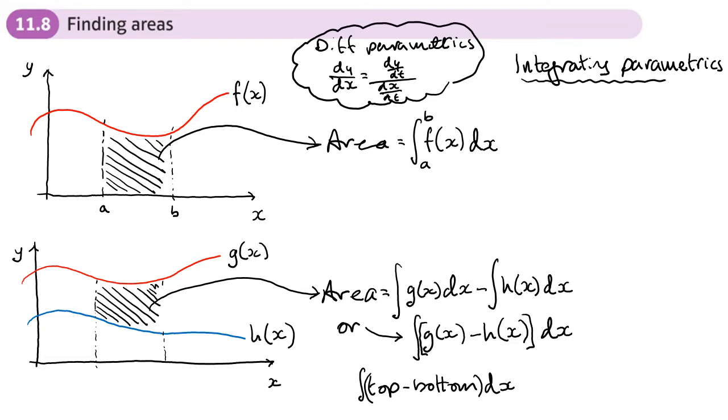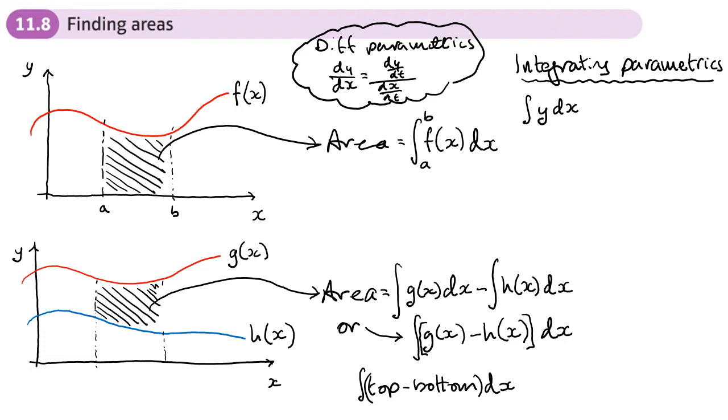Now remember, we can think of dy/dx and dy/dt as fractions so that we can multiply them out and simplify. So we want to differentiate our function of y with respect to x.